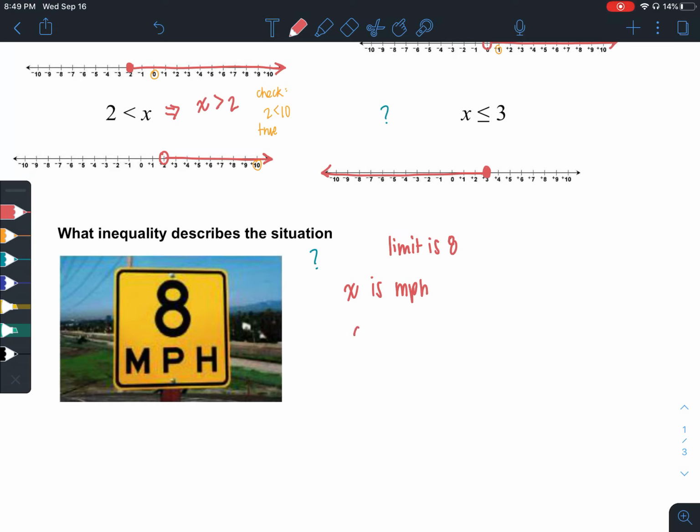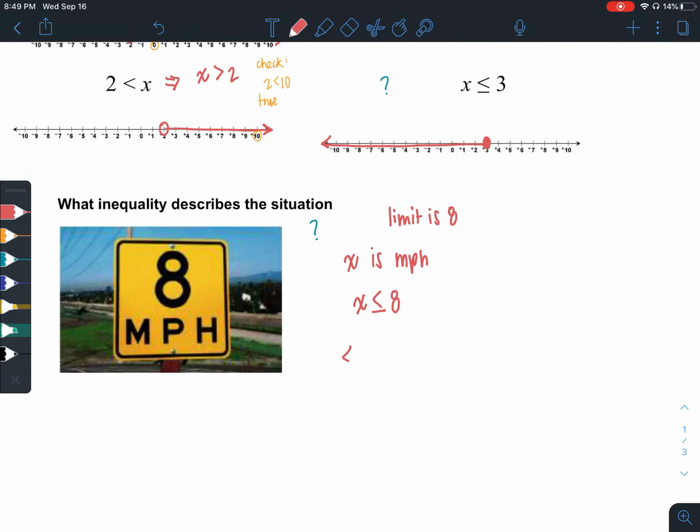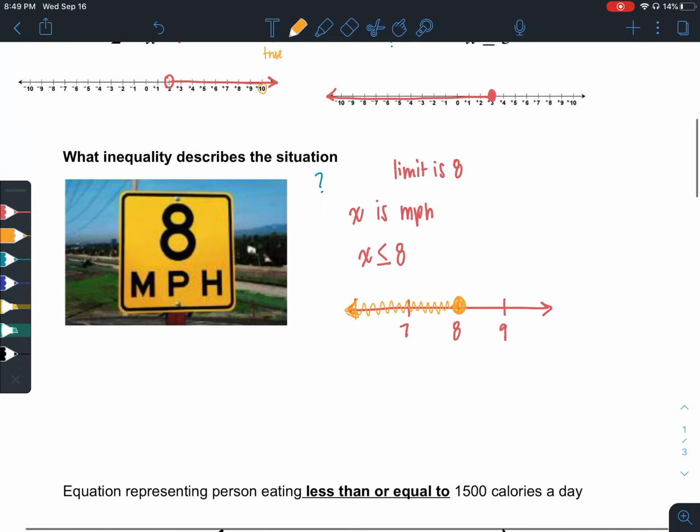And so x is less than or equal to 8 because 8 is the highest we can go. So we can go any number below that, but no greater. All right, and then the way that we graph that would be we put 8 on a number line, and then we would have a closed dot on 8, and we'd be going to the left. I just put the squiggly line because it's a little easier to see.